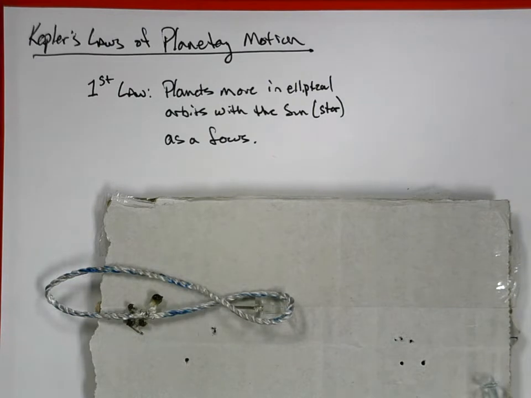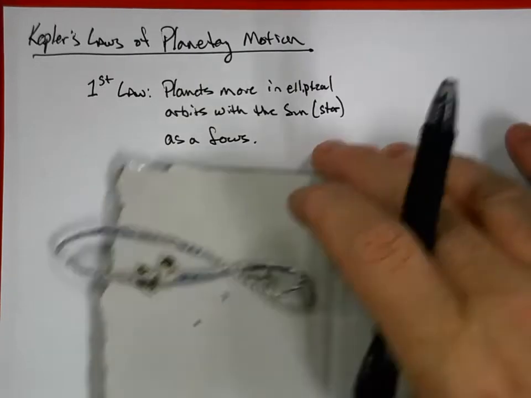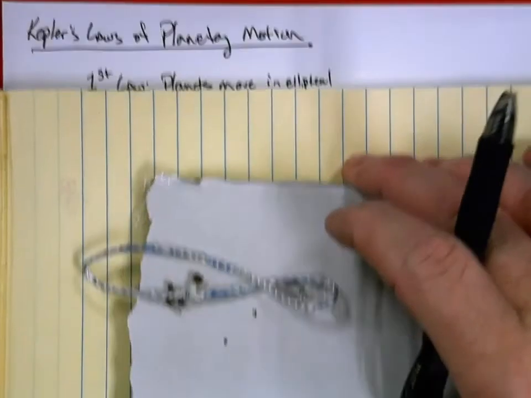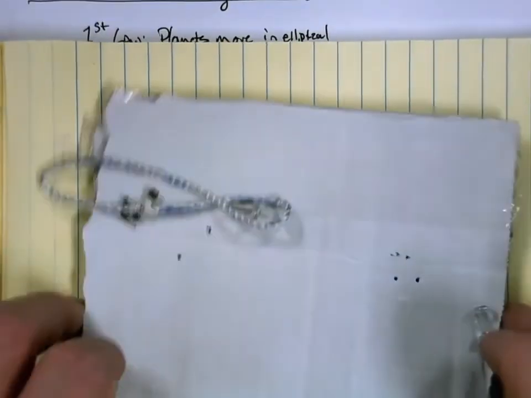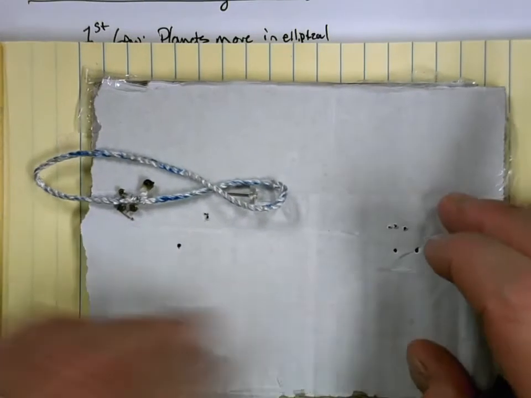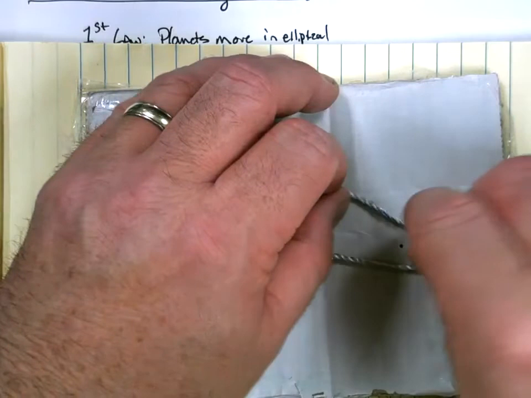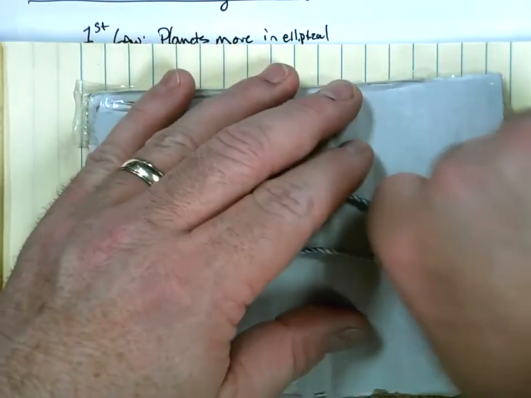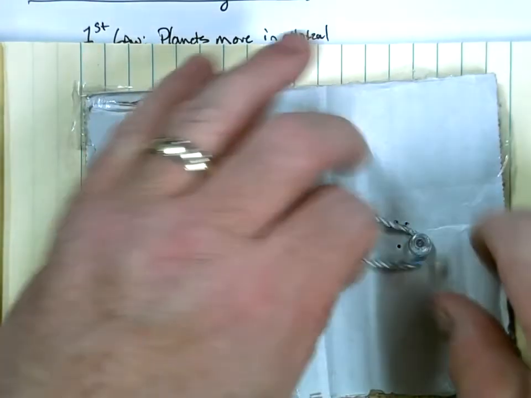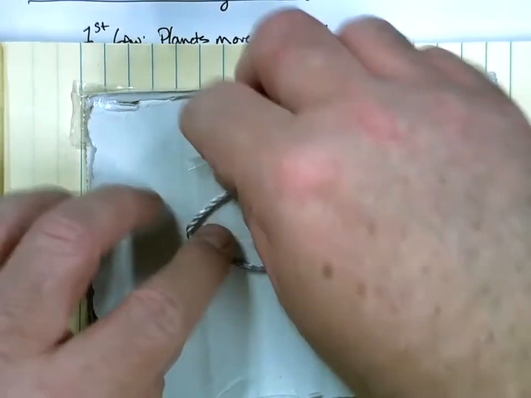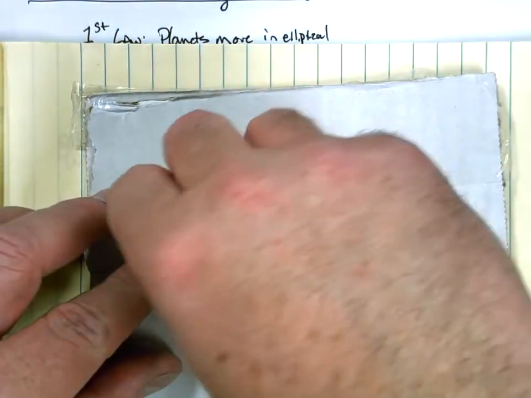I've got something rolling away from here. Okay, so we're going to attempt this on my paper here. I hope we have success with this. I tried this out and I found that to really get a good ellipse, I've got to stretch this out a little bit.